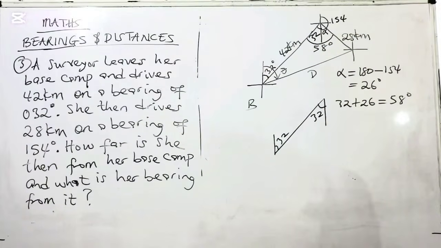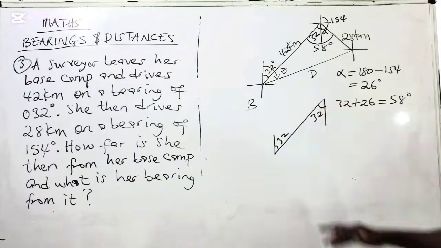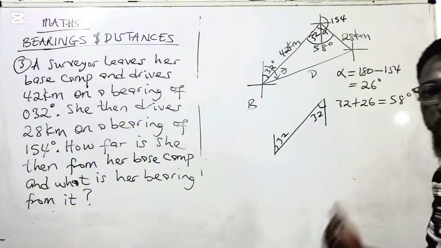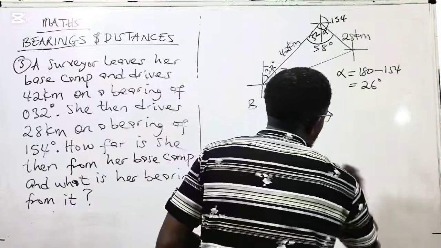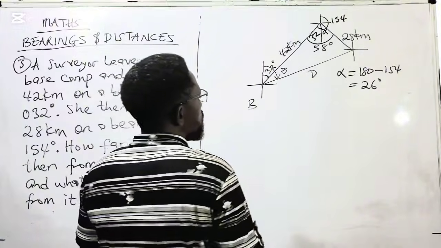So now that I have that angle, I can get the value of d using the cosine rule.